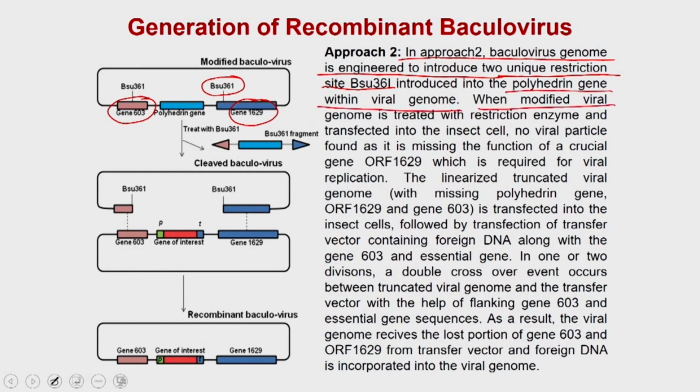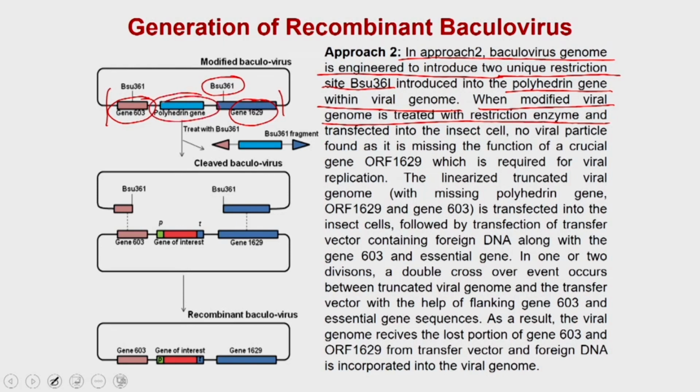When the modified viral genome is treated with the restriction enzyme, so if you take this modified baculovirus and treat it with the BSU 361, it is going to be cleaved from here, and as a result you are going to remove the complete cassette of the polyhedrin gene. So, you are going to lose this particular fragment.